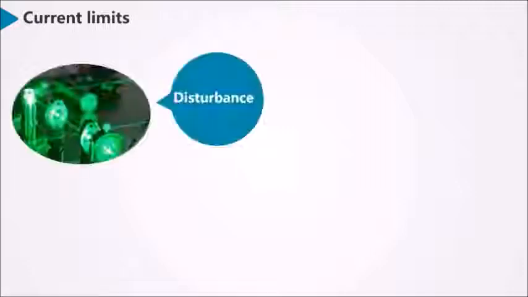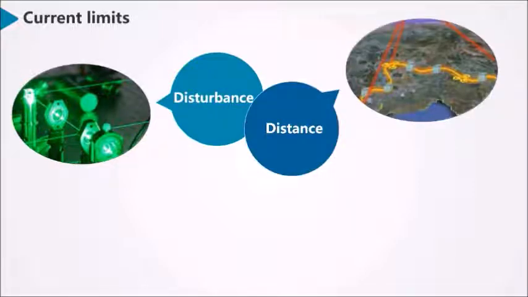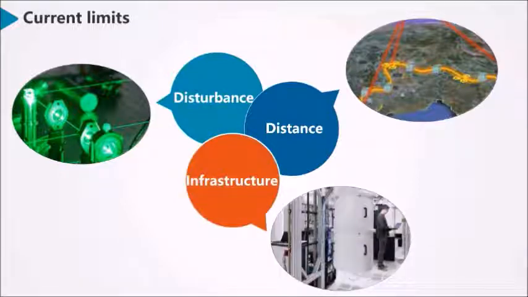However, accomplishing quantum key distribution in the real world is not so easy. First, small disturbances can change photons' polarization. Second, scientists have only been able to send quantum keys over several hundred kilometers. Third, much of the Internet's infrastructure needs to be built.